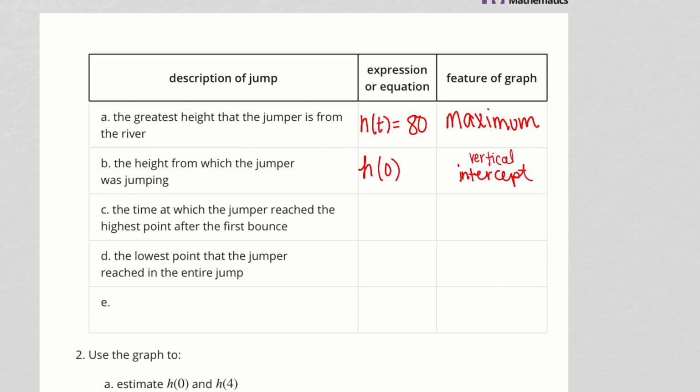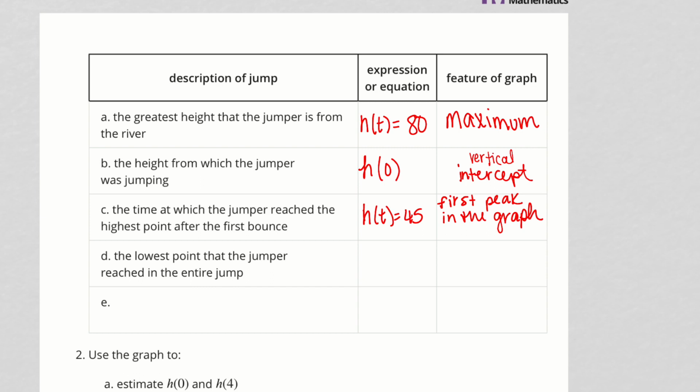Vertical intercept. The time at which the jumper reached the highest point after the first bounce. So that's going to be h of t equals 45. That was the first peak. I'm going to write that smaller and up here. First peak in the graph. Okay, now we have the lowest point that the jumper reached in the entire jump.